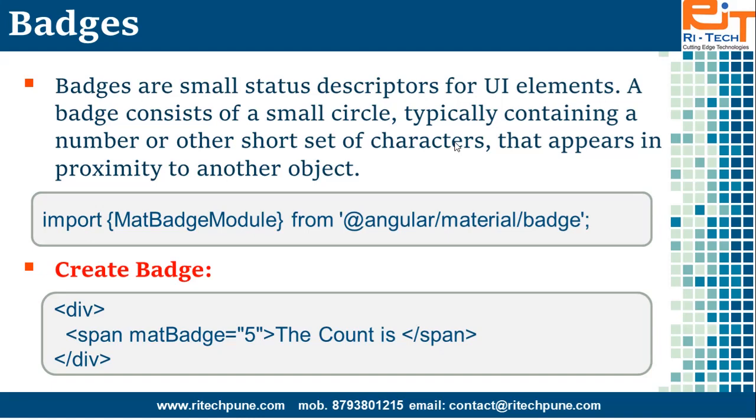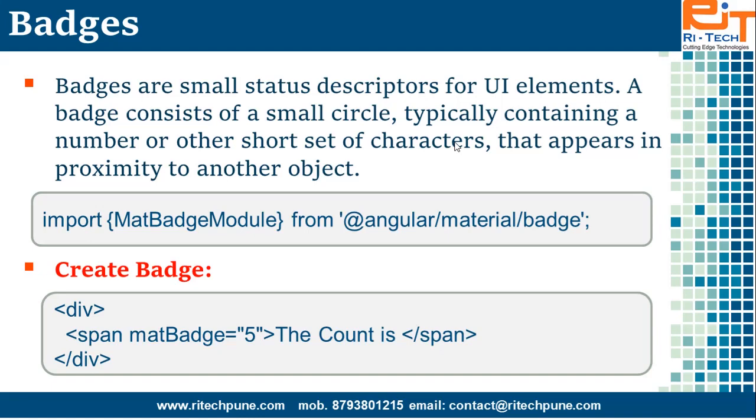So a badge will help you show some highlighted content, or some summary content, to which you want to attract the attention of the user. Badges are always shown in a circle, which in general contains a number. So 99% of the time we show a number using badges, or some short set of characters.